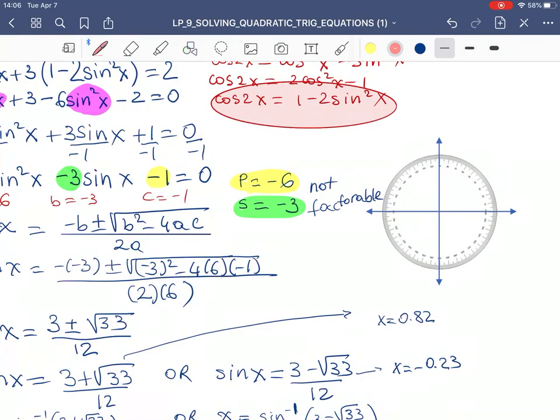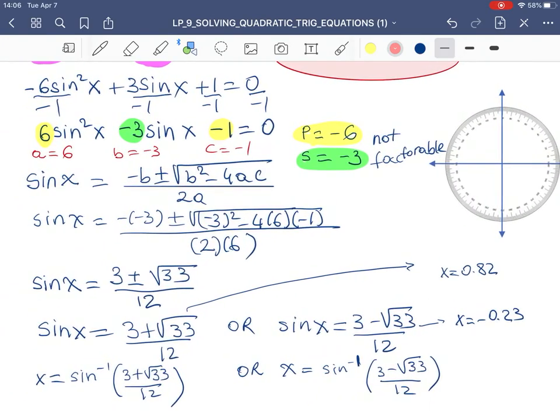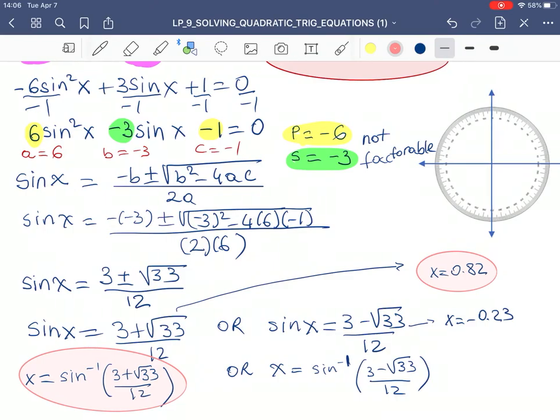So 0.82 is the solution that derives from sine of x equals 3 plus root 33 over 12. So that's the one.